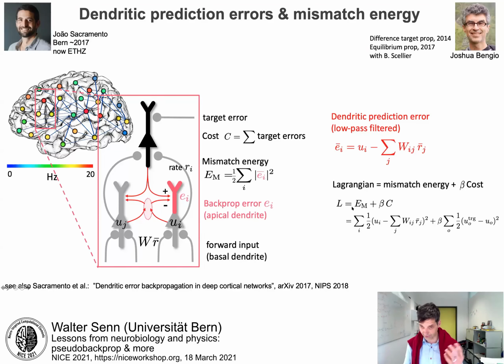And the Lagrangian that we get is simply the sum of those dendritic prediction errors plus this cost. We are nudging the outputs, these are the output neurons, a little bit towards the target, and we express the deviation as a cost.